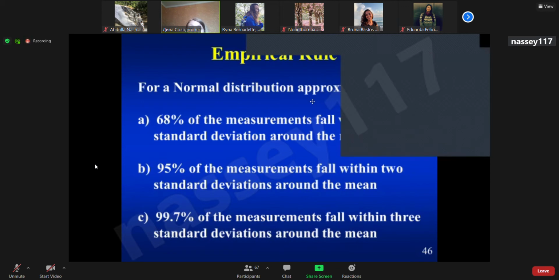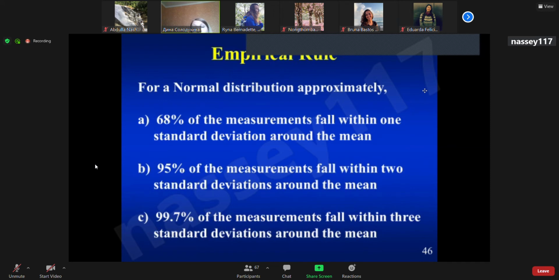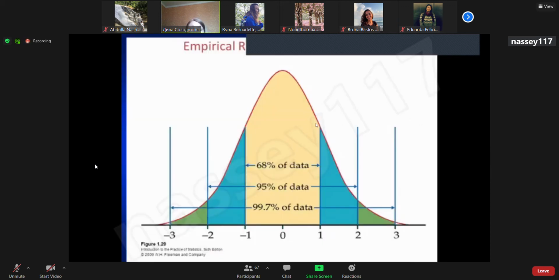This rule is very important because we can use it for making some generalizations on the basis of knowledge about distribution. So we can draw up a picture where the beige color is 68% of data within one deviation. The blue color shows 95% of data within two standard deviations, and the green color shows three standard deviations, which is 99.7% of data.